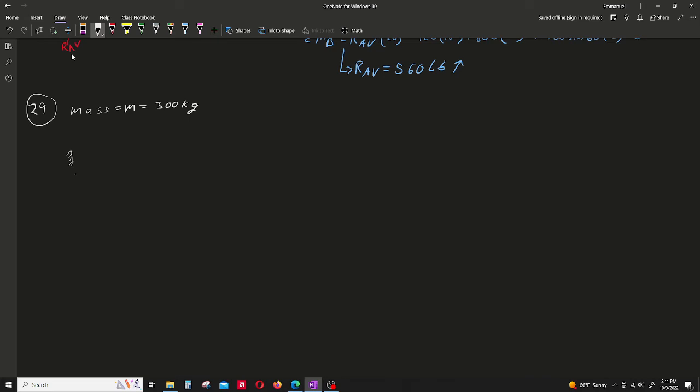Let's see, I was trying to think of the best way to draw this with the elevation on there. So the cable DB makes an angle of 15 degrees.